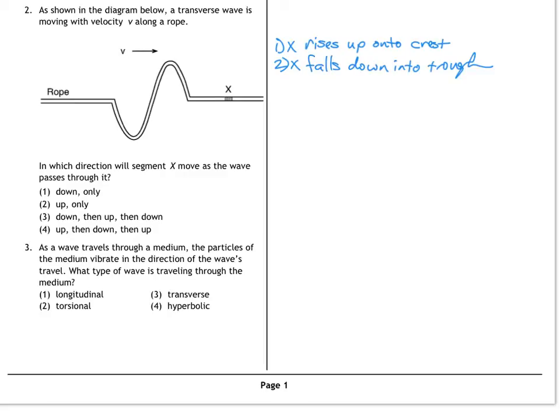But after this trough is in x and x is at its lowest point, it then will have to rise up through the upward swing after the trough on its way back to the equilibrium position. Therefore, the best answer for this one is going to be 4, up, then down, then up.